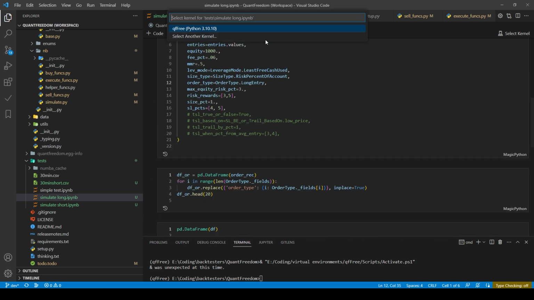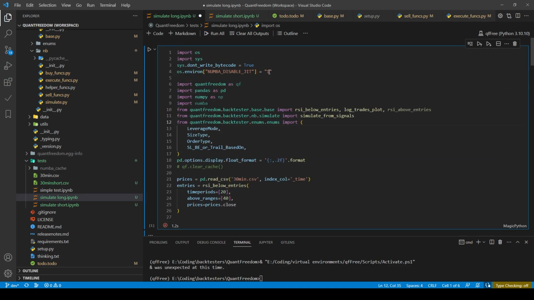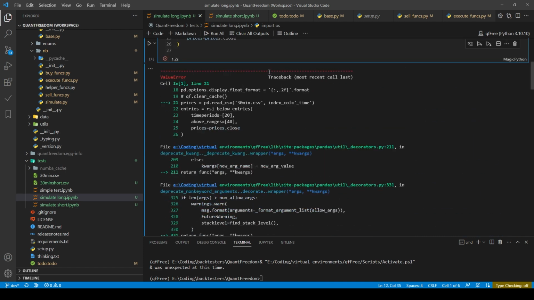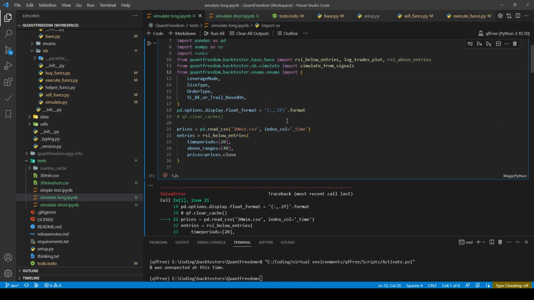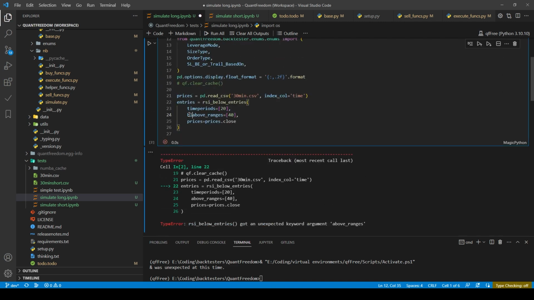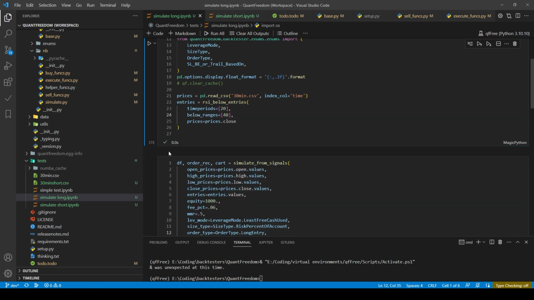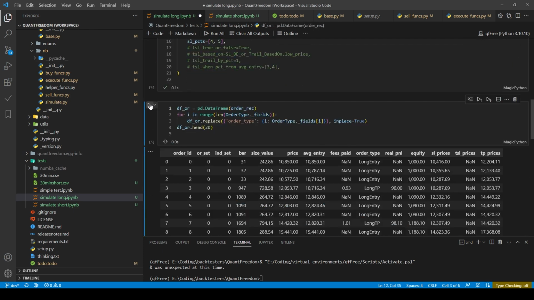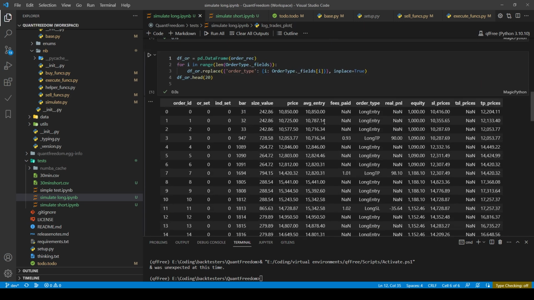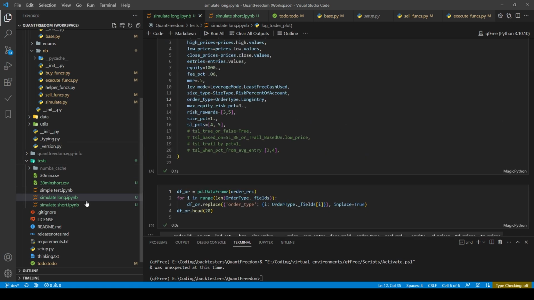So here. Invalid index, time invalid. Okay. So we got our longs, we got our shorts.